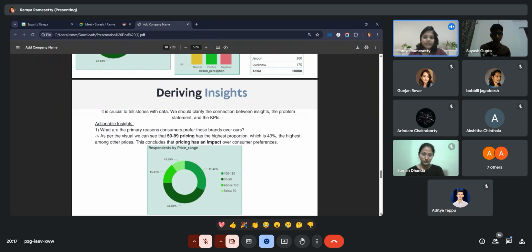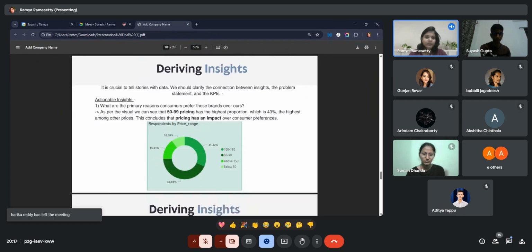Here we have taken three different charts to elaborate the insights. We discussed how we can answer the question given in the primary statements PDF. I would like to read the question here.